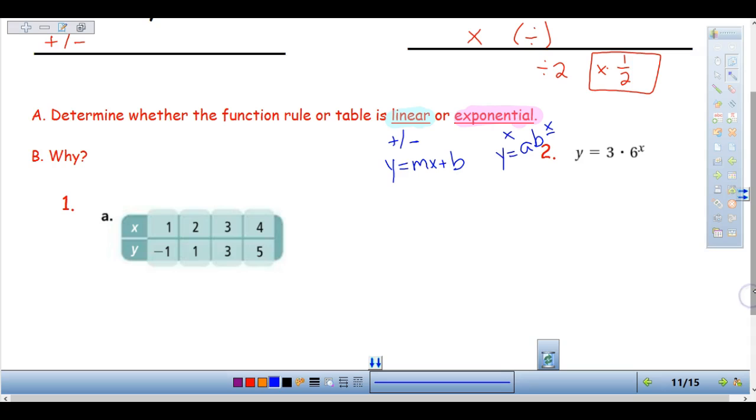All right, so let's look at these examples. So this one, if you notice, I'm adding 2 every time. So if I'm adding, that's going to be linear. Now here, on this one, I have an x as an exponent, so that one will be exponential.